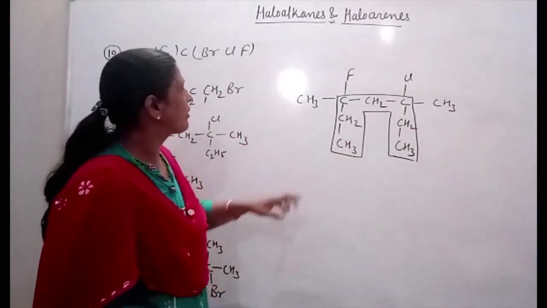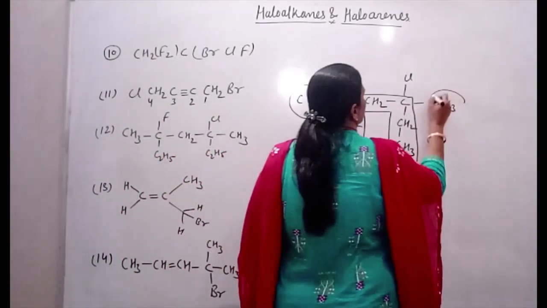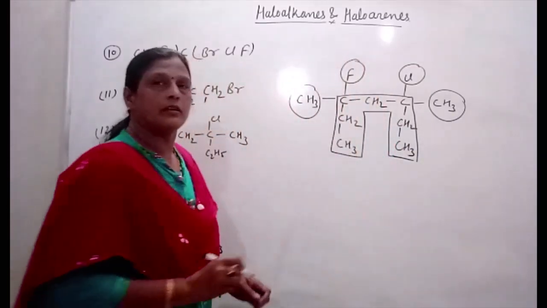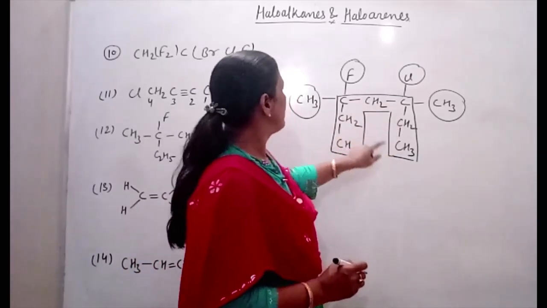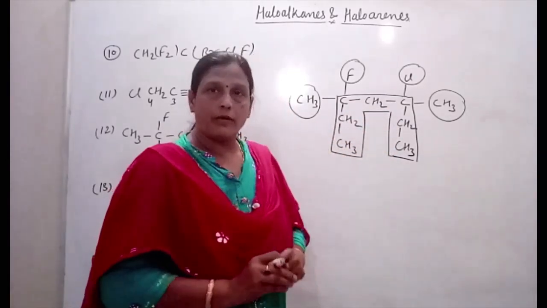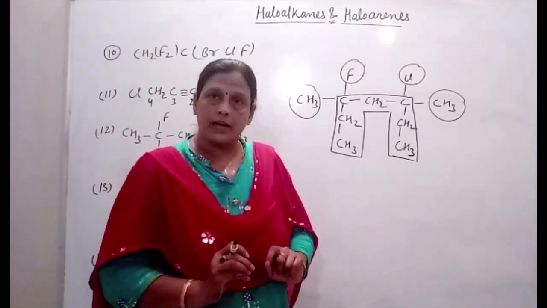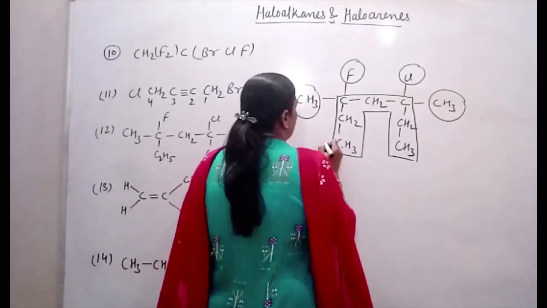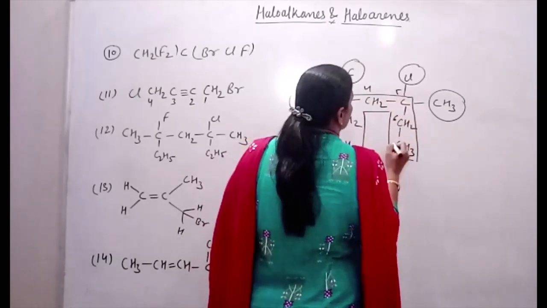The others are substituent groups. Now numbering the parent chain: 1 to 7. If we number from either side, in both cases it is identical, so we can number from any side.